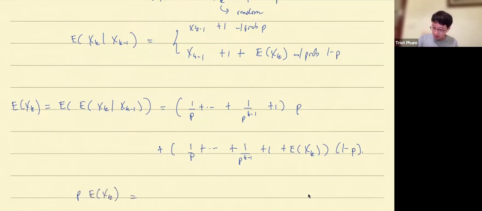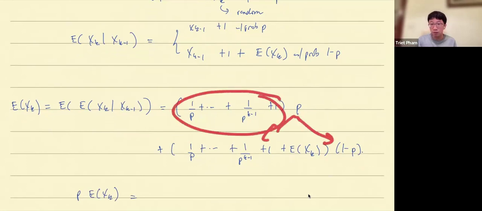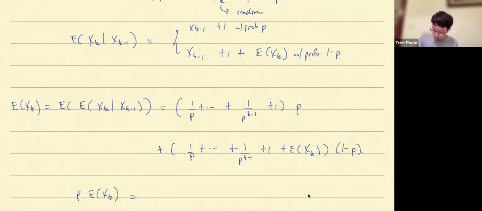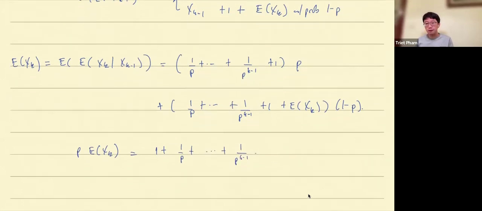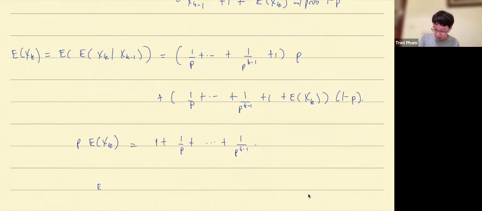And then, right, these two expressions added together is just this sum. And it's easily seen, right, that after we divide by p, we get the formula, but with k instead of k minus 1, completing the induction step.